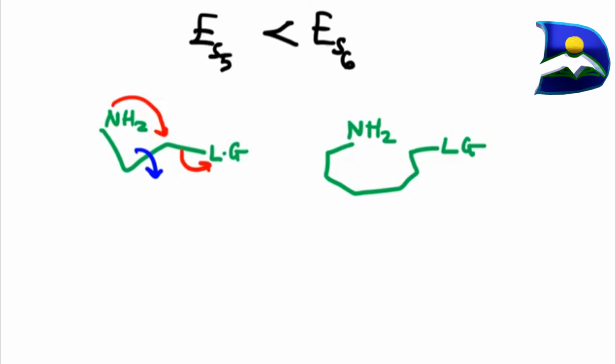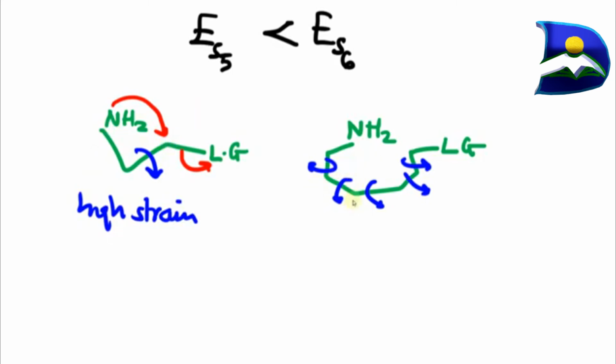However, this one here will have 1, 2, 3, 4, and 5. And the 3-membered ring that will be formed here will have a high strain to bring this particular nitrogen and this particular bond together.